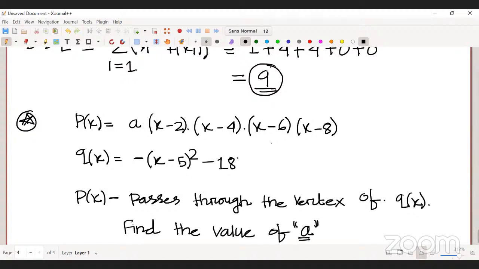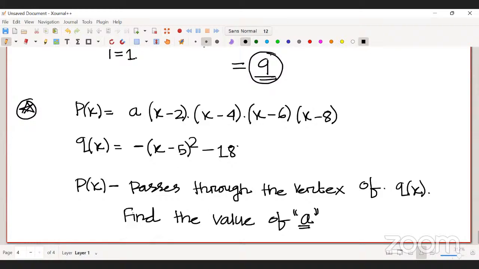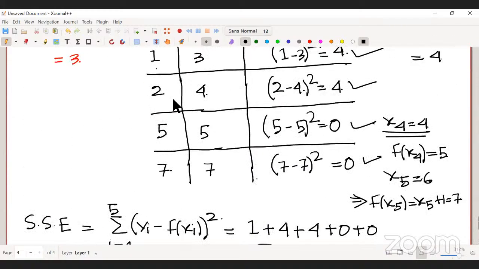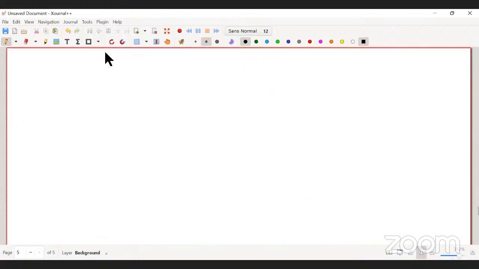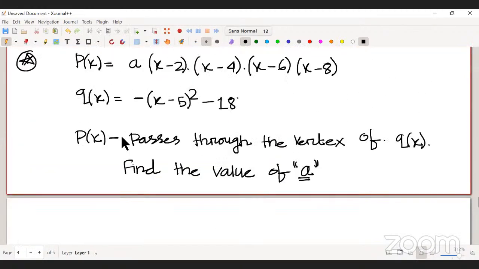Okay, so it's more or less easy. What you need to do is just find the vertex of Q of x. The main thing of this question is that the polynomial P of x passes through the vertex of Q of x.